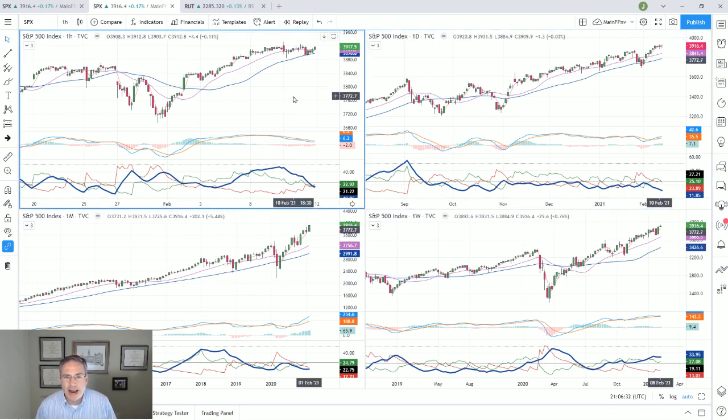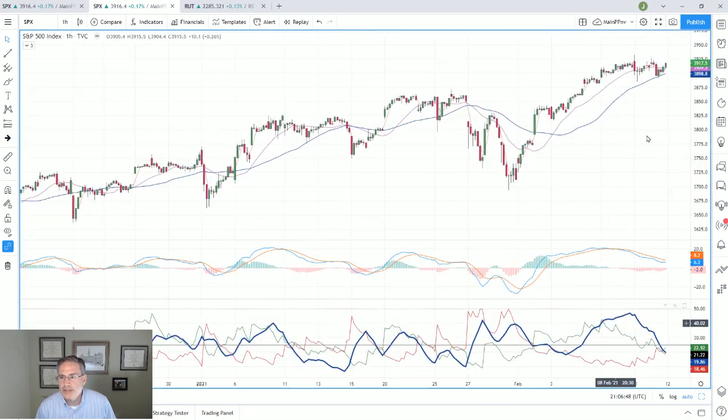Looking at the hourly chart, we have gone somewhat flat here. The 18 is now flat and price is wiggling back and forth above and below it. We had a little bit of momentum divergence on this time frame. If you look at this last peak, MACD did not confirm.